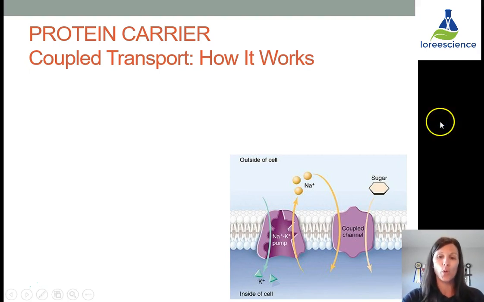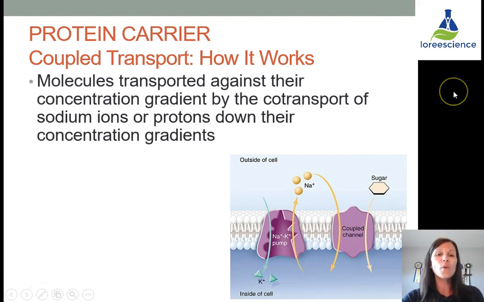Coupled transporter. How does it work? Well, there are molecules that are transported against their concentration gradient by the co-transport of sodium ions or protons down their concentration gradient. So, coupled means that there are two proteins together. So we saw this one in the previous slide. This is the antiporter. But then what happens is this protein is coupled with another.